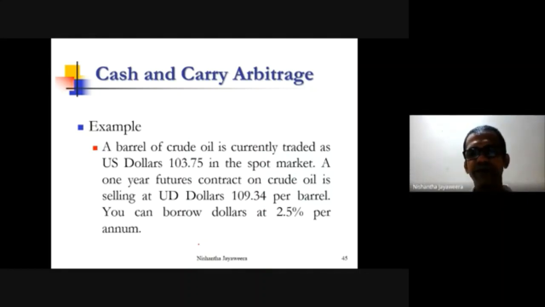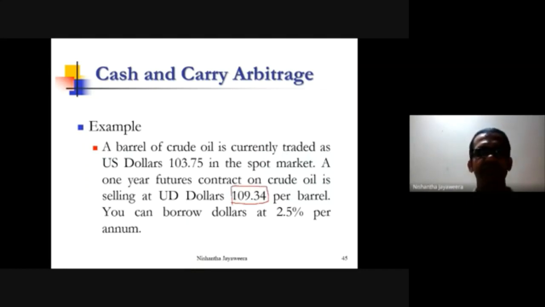A barrel of crude oil is currently traded at US dollars 103.75 in the spot market. A 1-year futures contract on crude oil is selling at US dollars 109.34 per barrel. You can borrow dollars at 2.5 percent per annum. First thing, again, how do you identify whether there is any arbitrage opportunity? Futures price is given now.